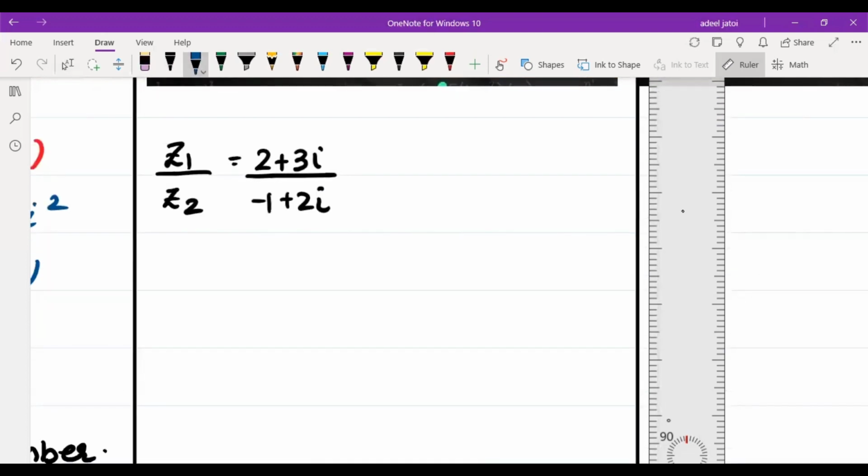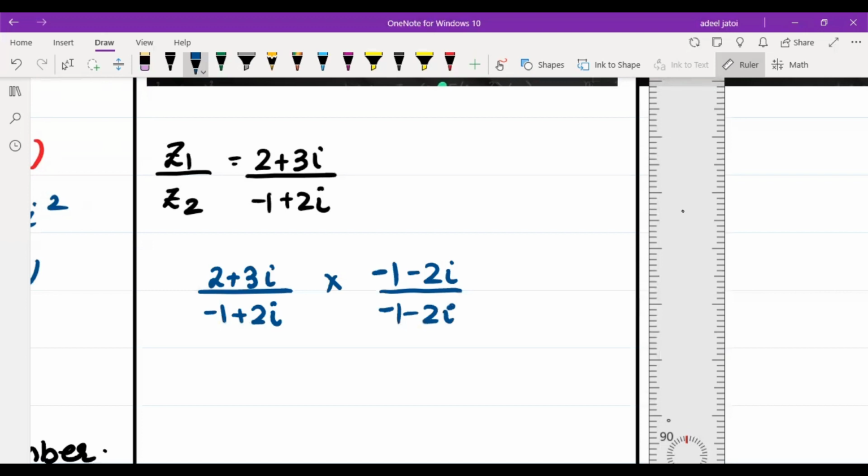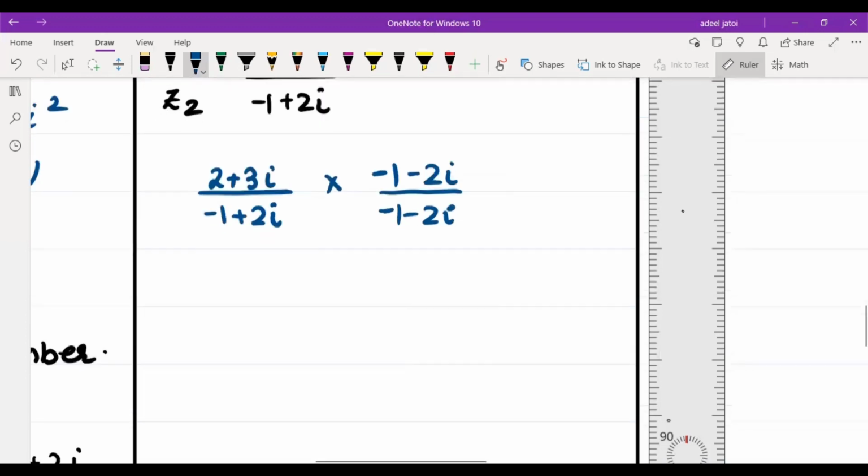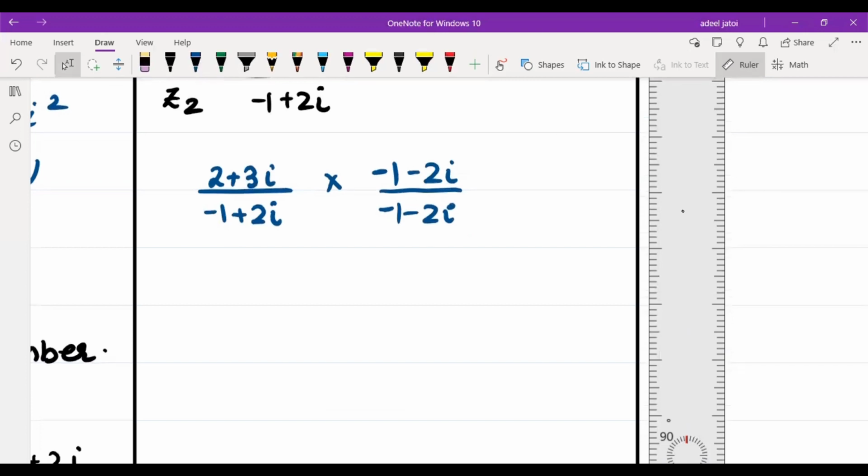So if we write this and we rationalize, there should be 2 plus 3 iota upon negative 1 plus 2 iota. When we rationalize this whole denominator, we'll write this as negative 1 minus 2 iota upon negative 1 minus 2 iota. That means the entire expression will be written in the numerator and the denominator, but we rationalize it with the change in sign. And then we'll make sure that we multiply.